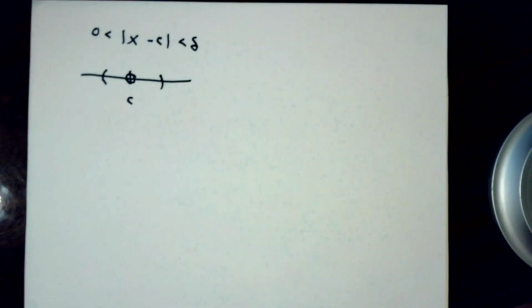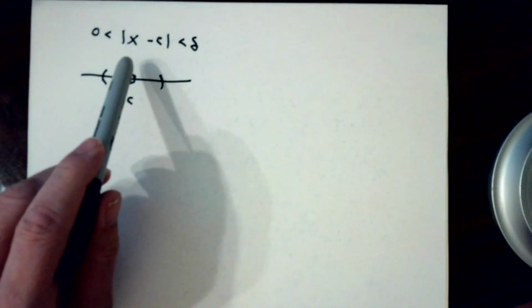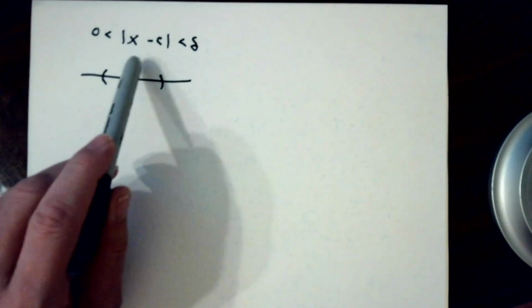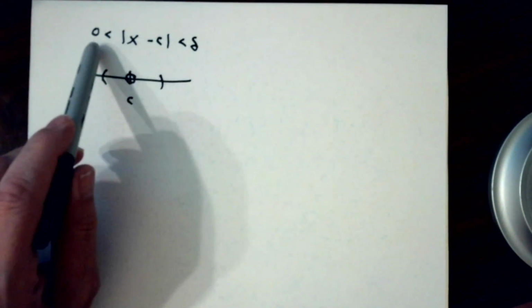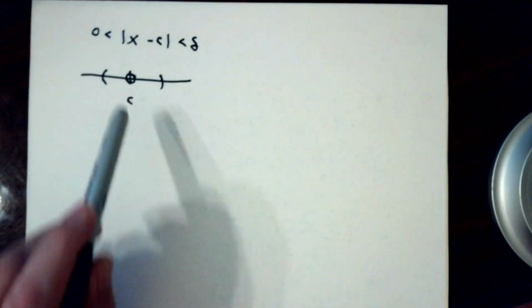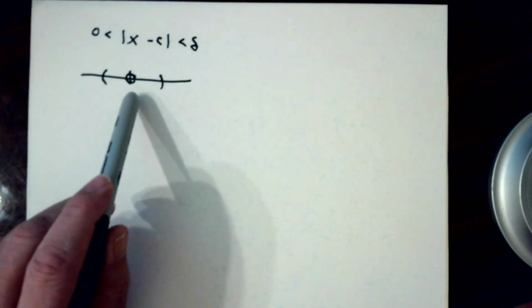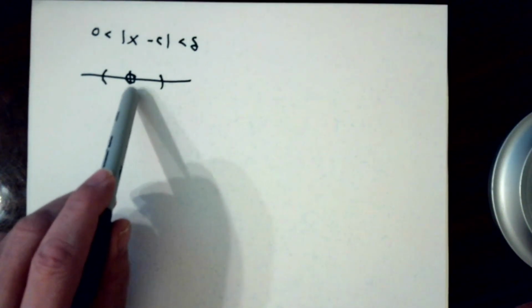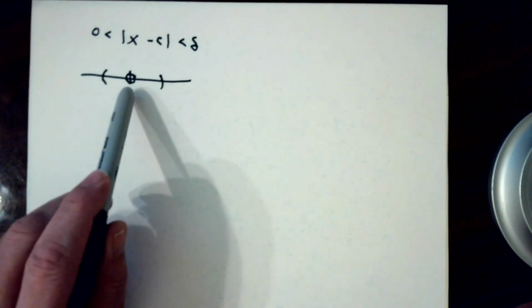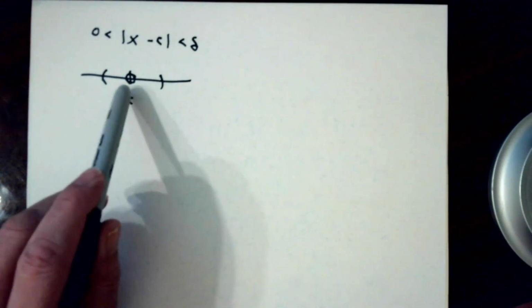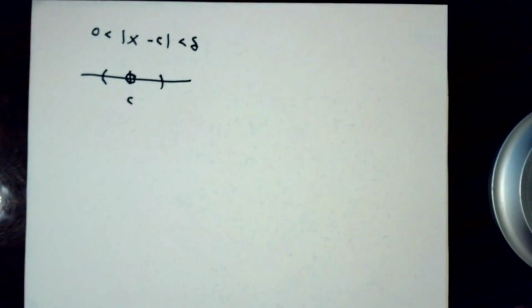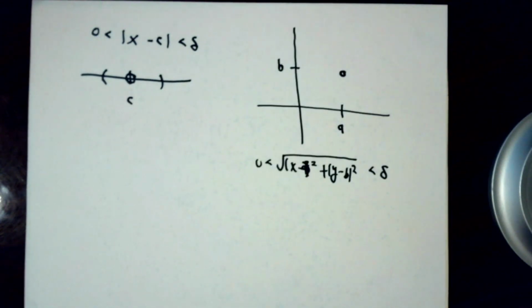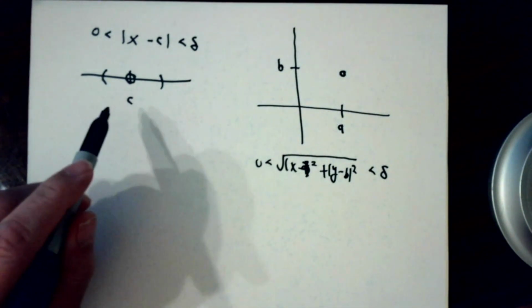In the one variable case, the distance from the place I'm evaluating my function at to where I'm approaching is between 0 and delta, which means I'm talking about an interval centered at x equals c, but not including it, and you can go as far as delta to the right or delta to the left. The complicating factor to this situation is going to be this. When we go up into 2 variables or more, things are not so simple.